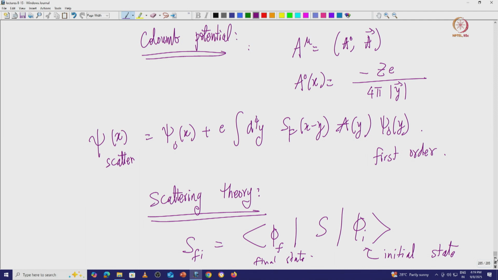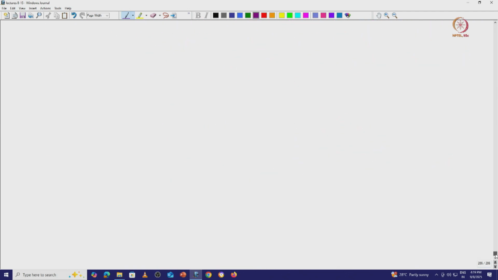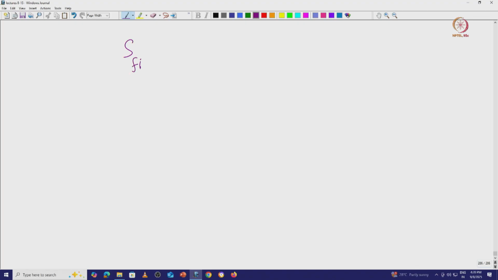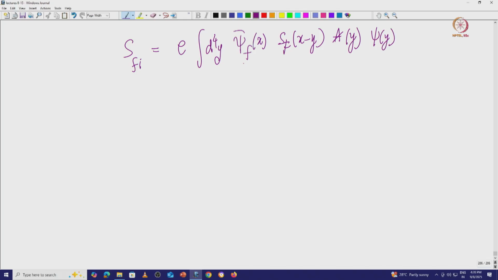So S_fi at leading order is the integral d^4y psi_f bar of y A-slash(y) psi_i(y), where psi bar of y is equal to psi bar of x S_F(x minus y).